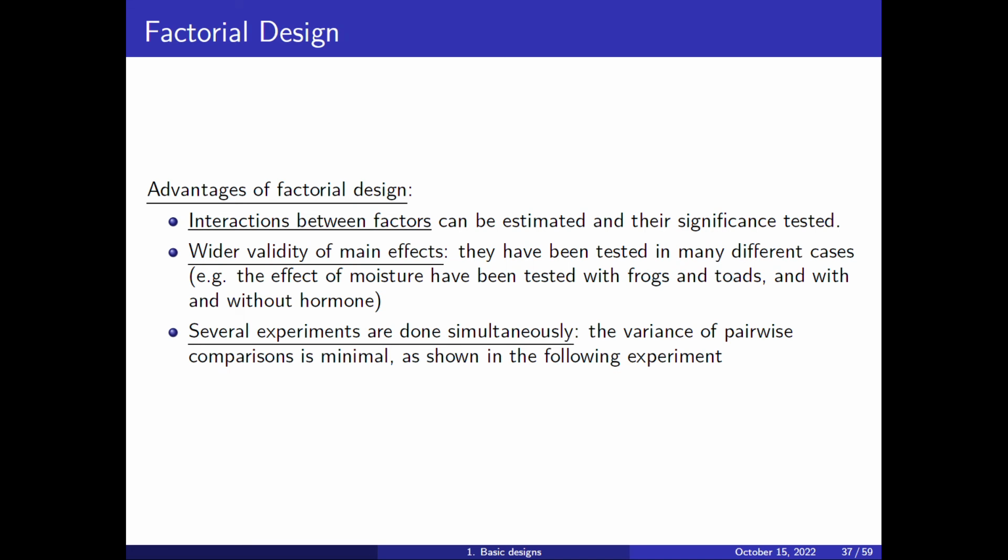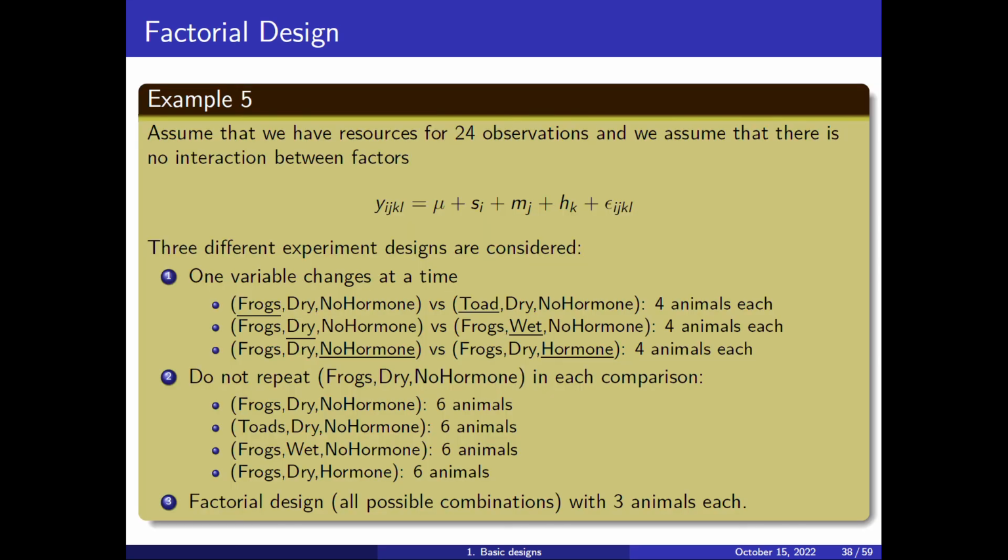So the effect of moisture has been tested on frogs, toads, with and without hormone. So we have 4 different experimental conditions to see what is the effect of moisture, and the same happens for all the others. And several experiments are done simultaneously, so the variance of pairwise comparisons is minimum, and we will see this in the following example.